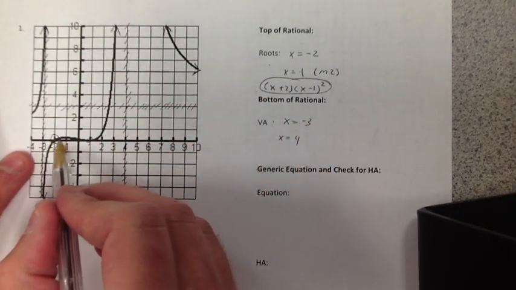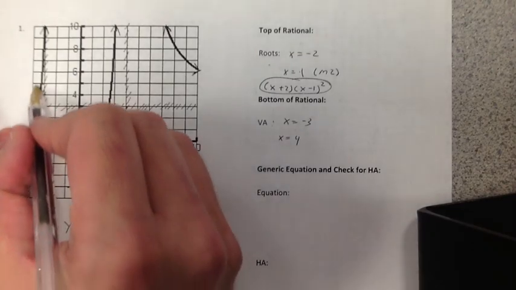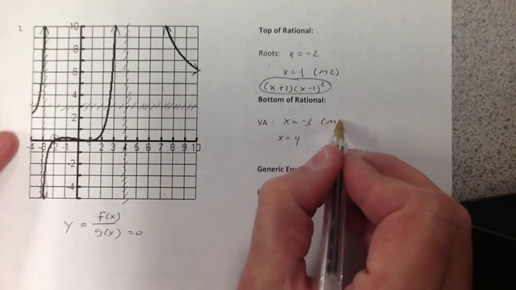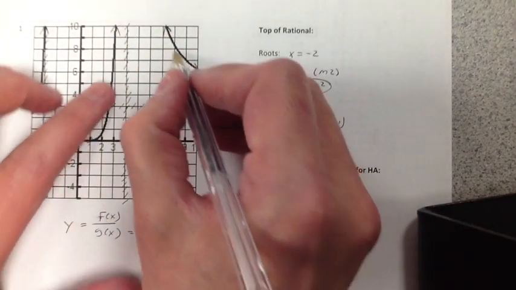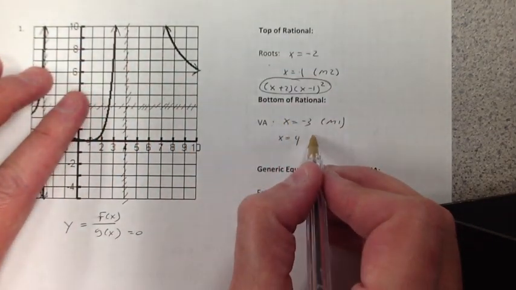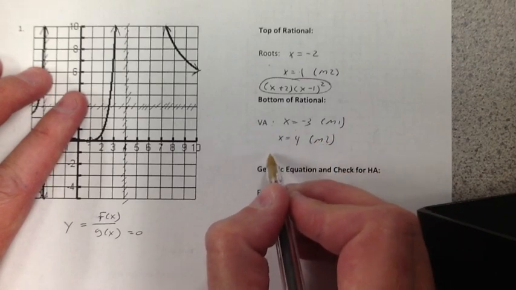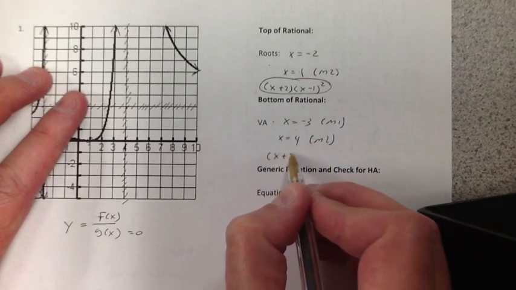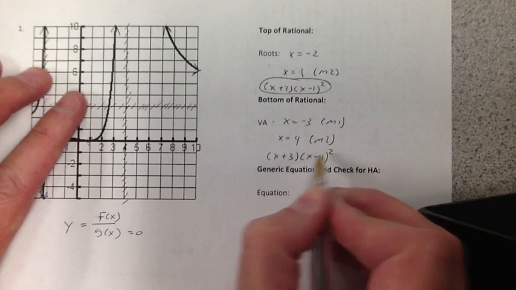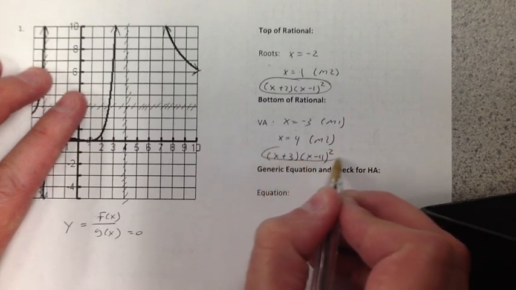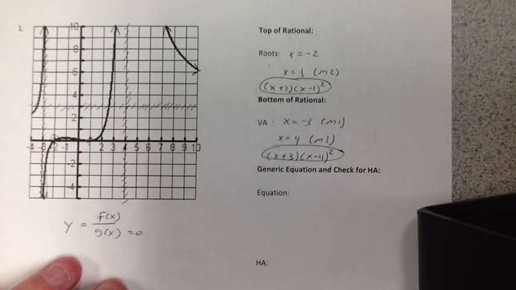If I look at the -3, it's going down here and up over here. So that's multiplicity 1. The 4, on both sides of the asymptote, looks like they're both going up. So that's multiplicity 2. That's going to help us write this. We get x plus 3 and x minus 4, but we're going to square it. So we have the top and we have the bottom.